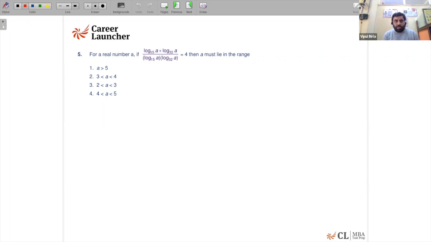So let's make the bases the same by writing, because I know log a to the base b is equal to 1 upon log b to the base a. So the first term can be rewritten as 1 upon log 15 to the base a plus 1 upon log 32 to the base a.